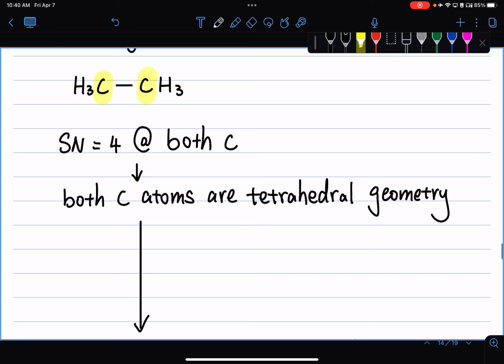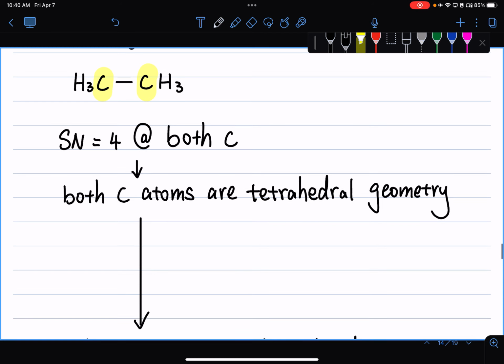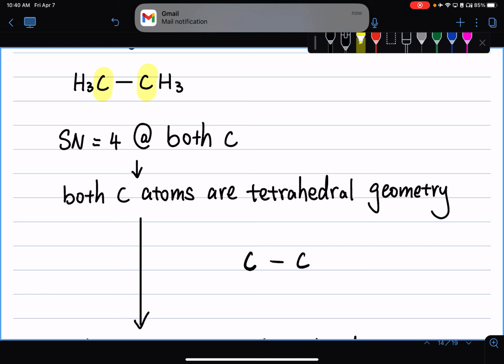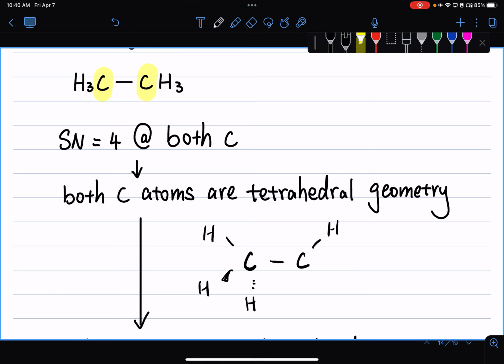So in this case, again, a quick review on the VSEPR. We have carbon, single bonded to carbon, and we have hydrogen, hydrogen, hydrogen. Likewise here, we have the wedge and dash. That wedge and dash just tells you whether that hydrogen is pointing out towards you or going away from you.